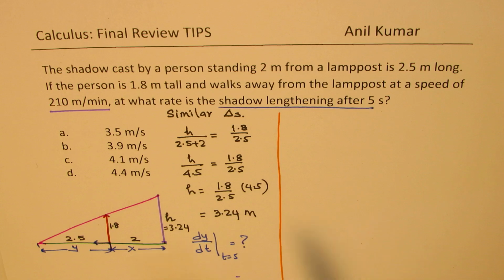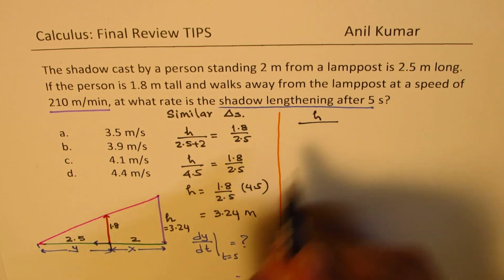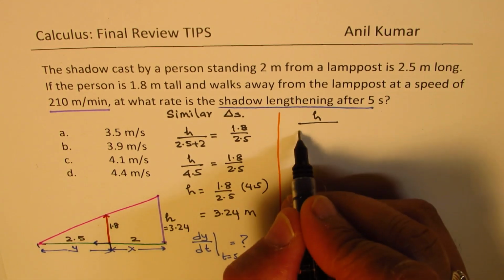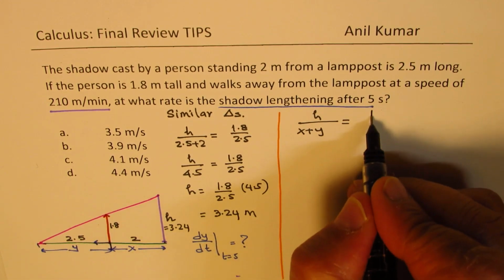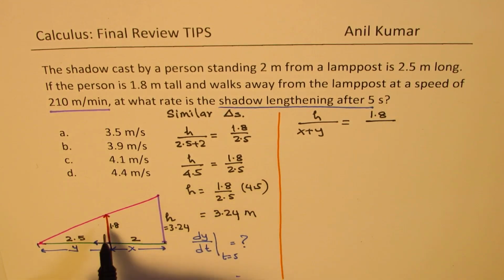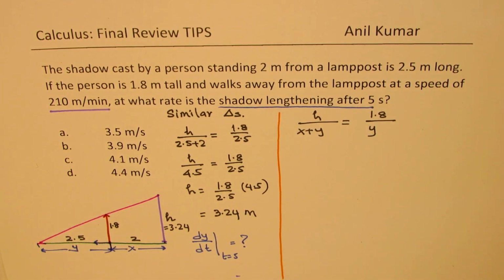Okay. Again, using similar triangles, we can write the height over x plus y equals to same thing, 1.8 over, this time it is y, right? Because that y is changing, the height of the person remains constant. So 1.8 over y. Does that make sense to you?